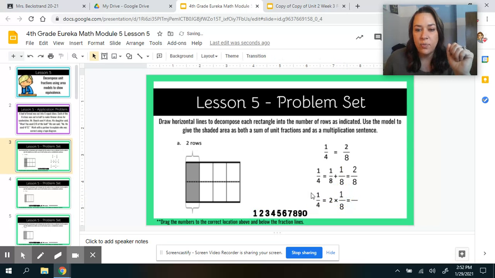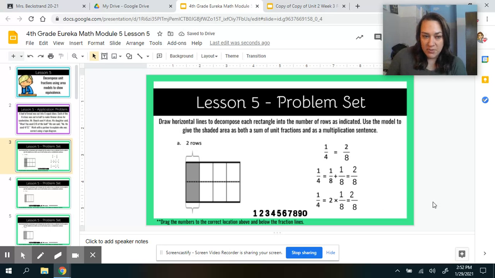So if I have 1/4, and we know that 1/4 is equal to 2/8. Well, if I have 2 times 1/8, remember we don't do anything to our denominator. That stays the same. 2 times 1 gives me 2. So I have 2/8.